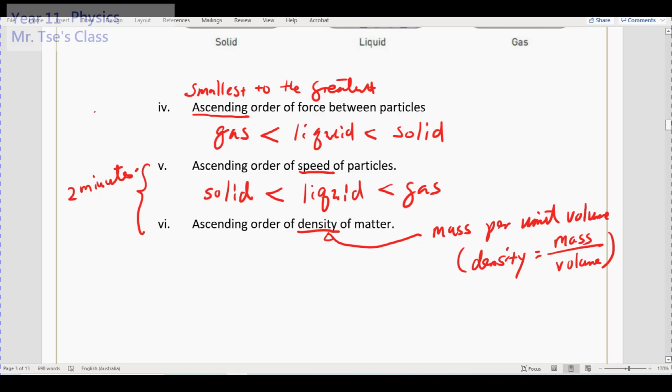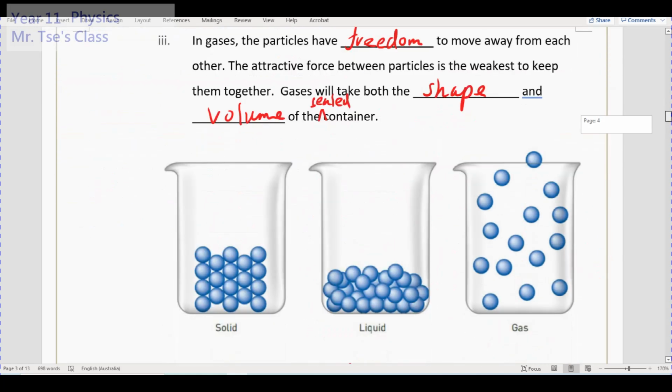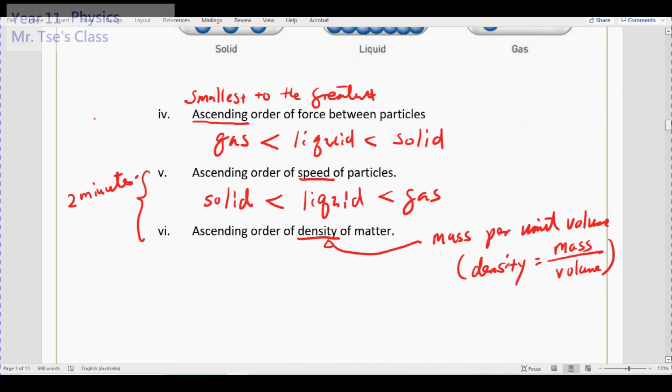Obviously, if you look at the above figure, if the masses are the same, the gas occupies the most volume. So the gas normally has the lowest density, then the liquid is in the middle, and then the solid.